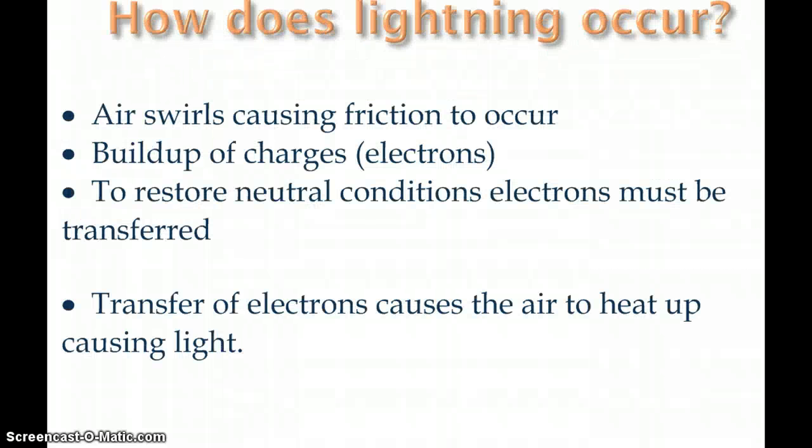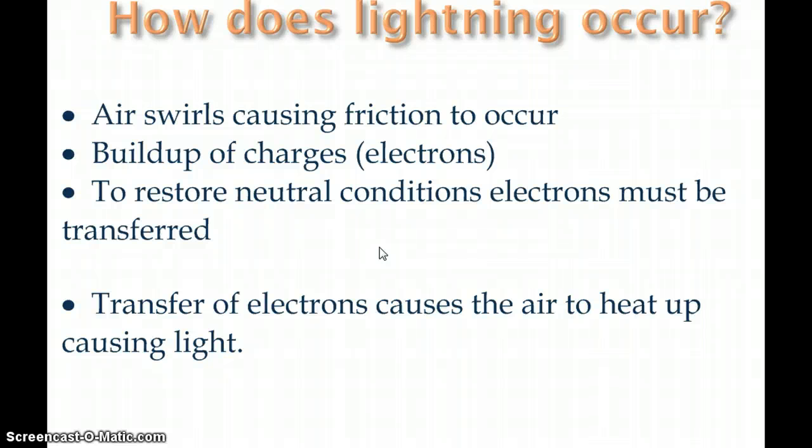Okay, so how does lightning occur? Well, the same kind of thing, in the same way that we are rubbing our foot against the carpet, the air is swirling up in the atmosphere, causing friction. There's a buildup of charges or electrons, and then in order to restore it to a neutral condition, those electrons must be transferred.